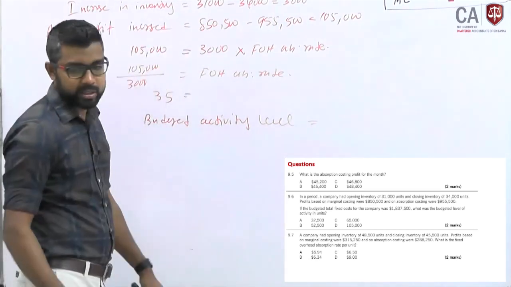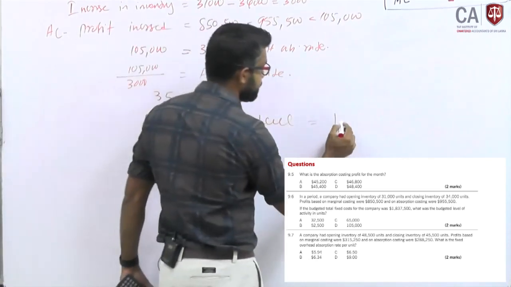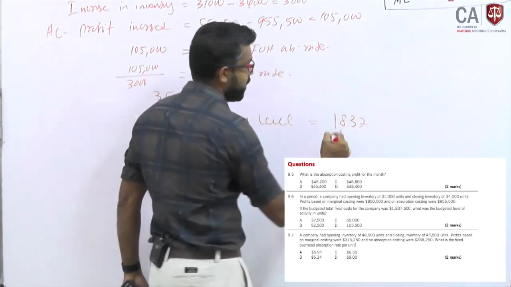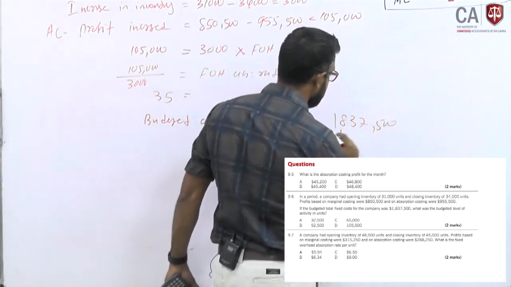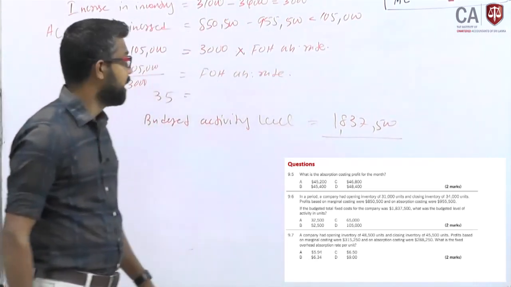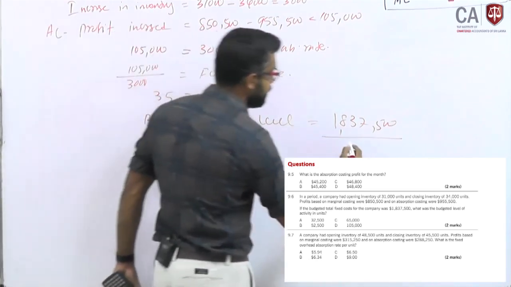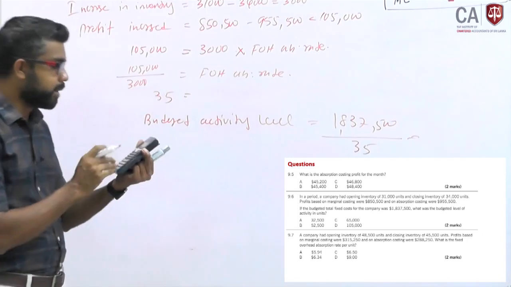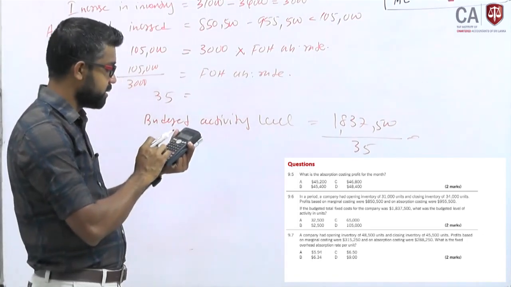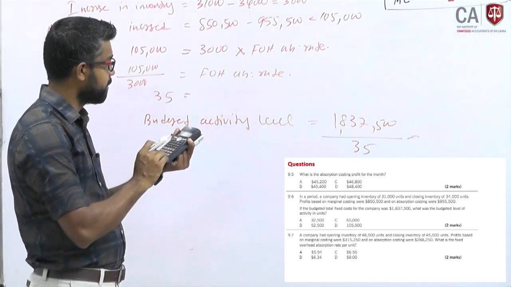Total budgeted fixed production overhead cost how much? 1,837,500. This is the total budgeted cost. Per unit absorption rate 35. For the per unit absorption rate, take the number of units. 1,837,500.